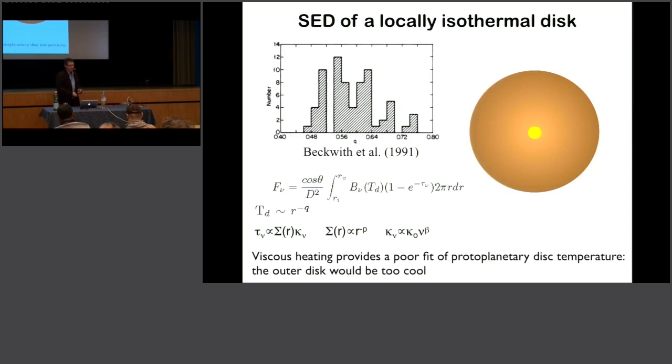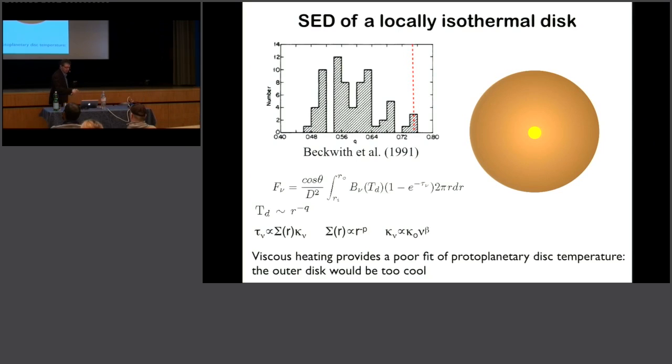And basically what they derived at the time was a distribution of temperature profiles for the disk that was, roughly speaking, most of the time consistent with a power law of roughly between 0.5 and 0.6 for the temperature profile. Viscous heating provides a poor fit of this, because viscous heating essentially predicts a profile consistent with 0.75, okay?